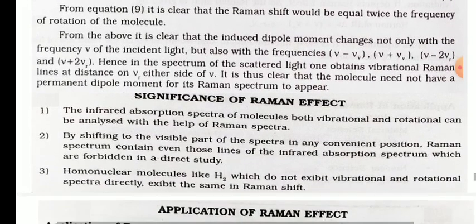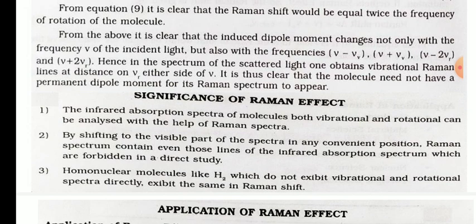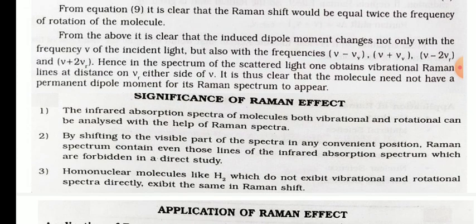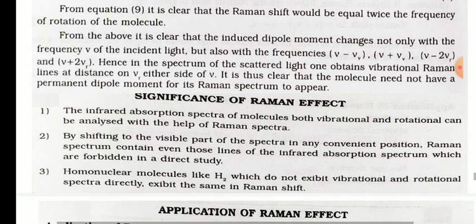From equation number 9, it is clear that the Raman shift would be equal to twice the frequency of rotation of the molecule. From the above, it is clear that the induced dipole moment changes not only with the frequency nu of the radiation, but also with the frequencies nu minus nu v, nu plus nu v, nu minus 2 nu r, and nu plus 2 nu r.